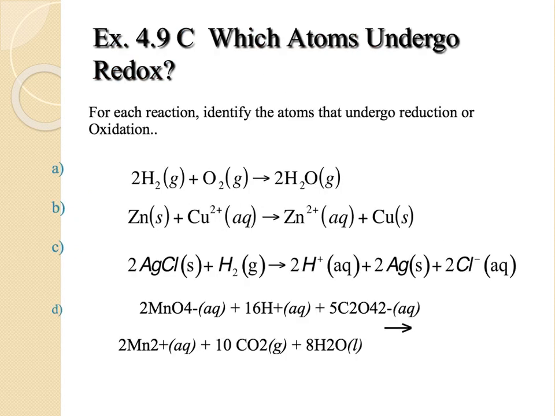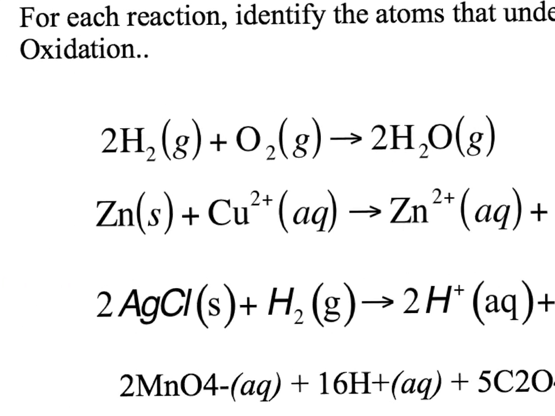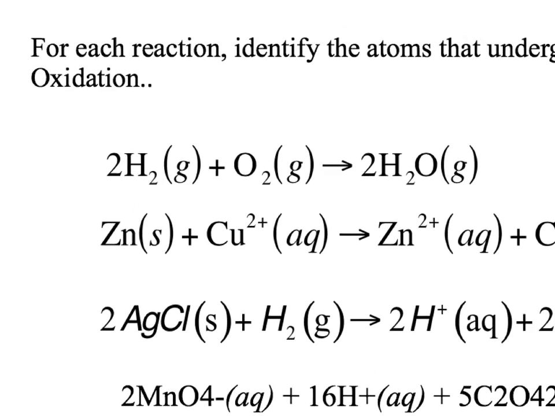So here's a bunch of examples. Let's first assign oxidation numbers, and then let's see how they change and what is oxidized and what's reduced. So my oxidation numbers here, hydrogen and oxygen are both 0. On this side, hydrogen is +1, oxygen is -2. So we see that the oxygen went from 0 to -2.